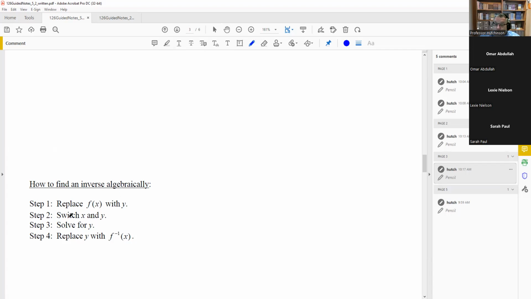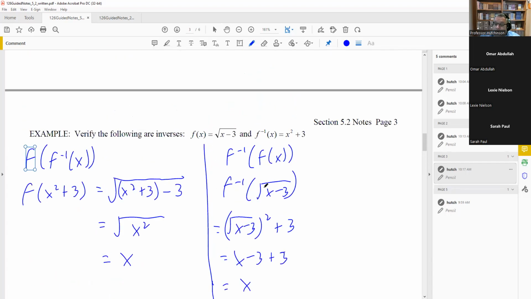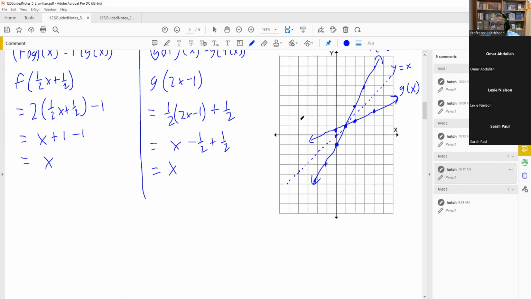Before we jump into this part about switching the x and the y, I want to go back to the graph that we did here earlier, and I want to show you a couple things from that. First of all, if you look at this point right here, we found this point was 2, 3.